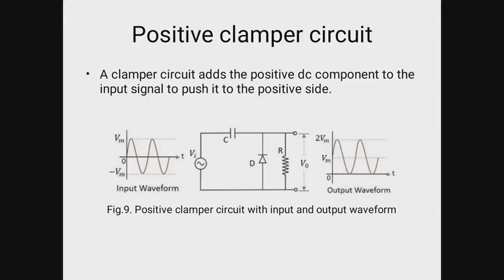So how does it happen? In the negative half cycle, the diode is in the on state.